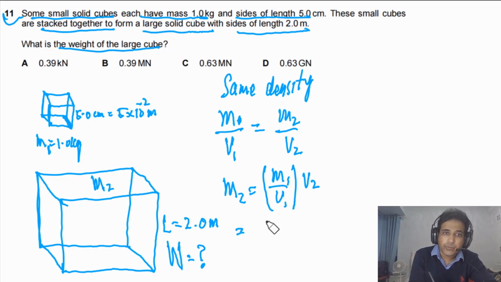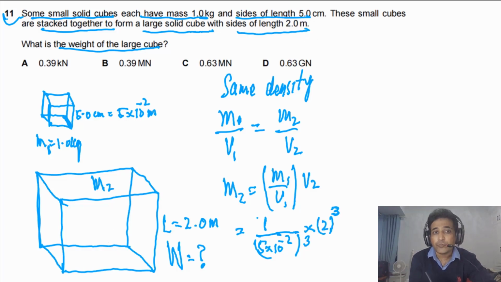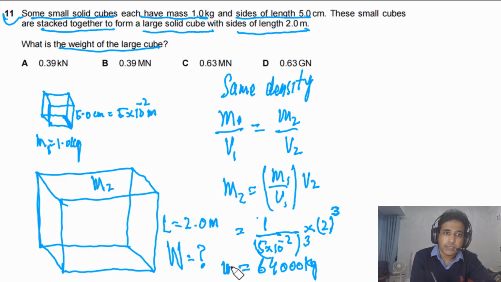Mass of small cube is 1 kg and the volume of small cube is the cube of 5 times 10 to the minus 2, multiplied by the volume of the large cube. If we solve this, we will get the mass is equal to 64,000 kg.